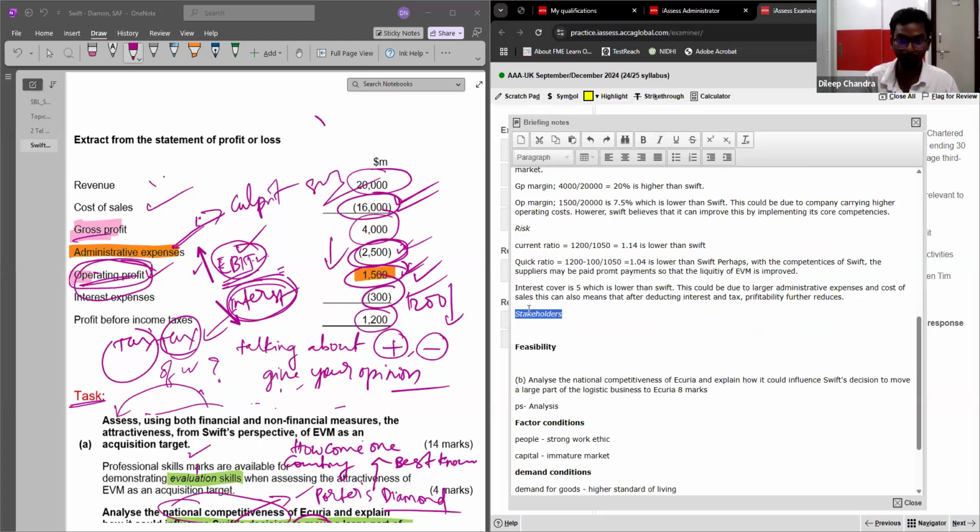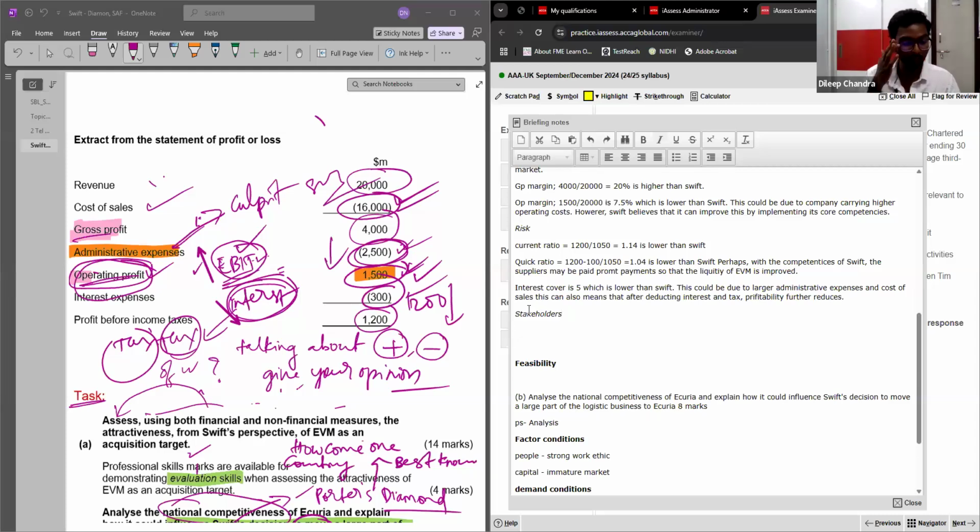Under stakeholders, we have shareholders first, right? So Swift is a private company with all the shareholders belonging to the same family.